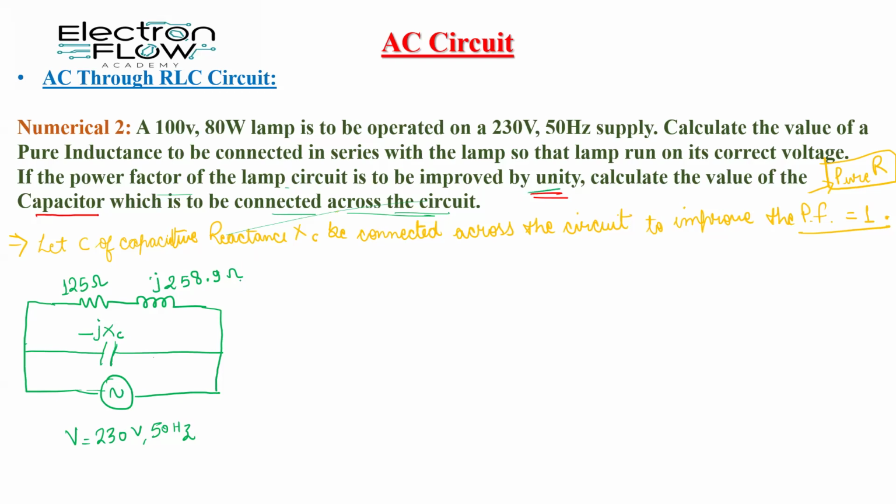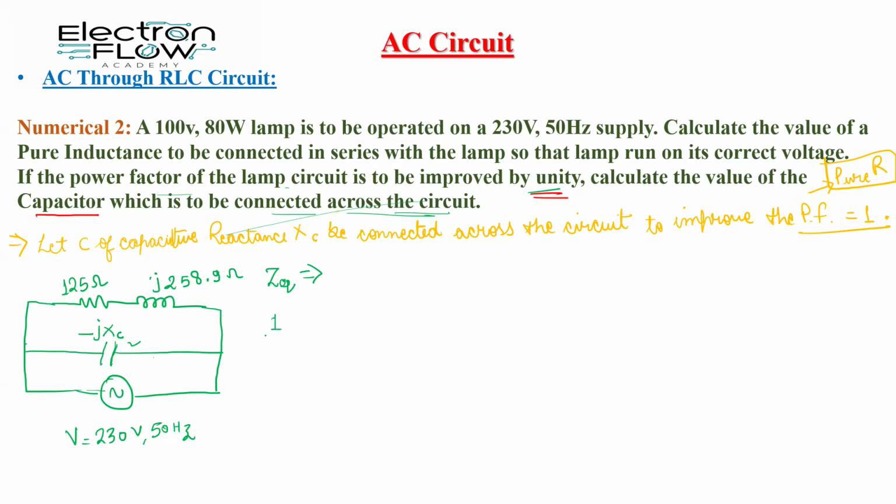Let the total impedance of the circuit be Z equivalent. By the combination of the circuit, we can say that the capacitive branch is in parallel with the resistance and inductance.